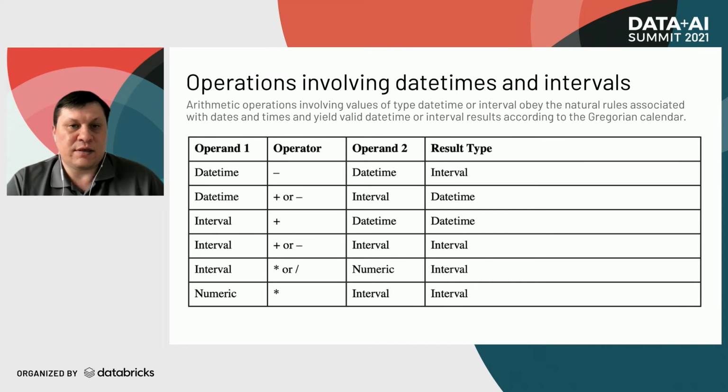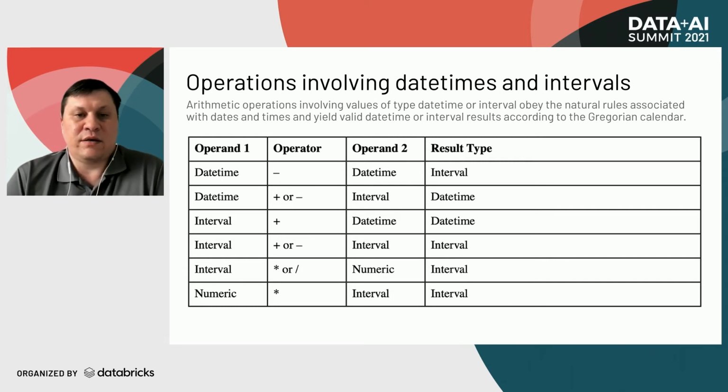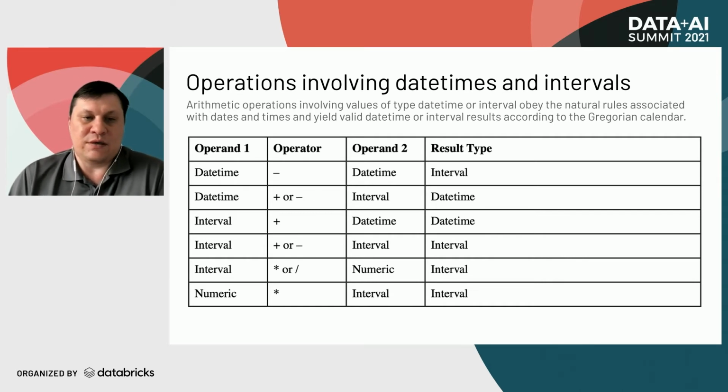Here you can see the table of operations over intervals, dates and timestamps. These operations are required by the SQL standard. If we are going to say we conform to the SQL standard, we have to support all these operations.